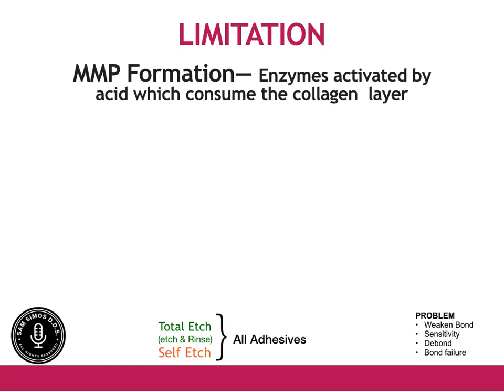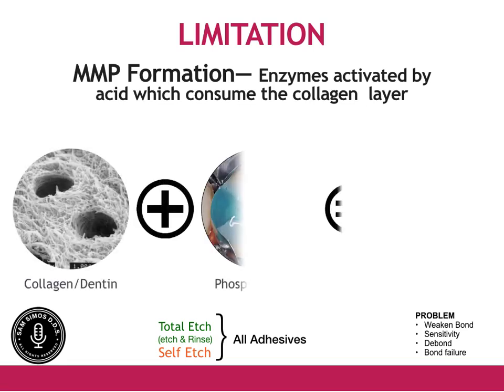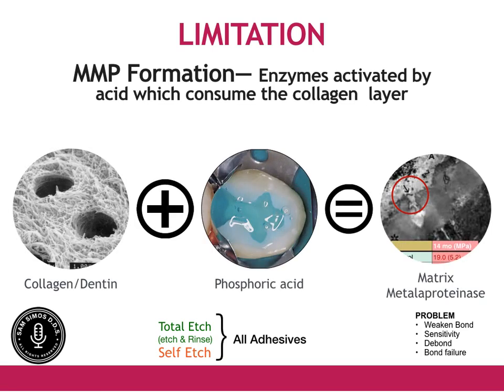The problem is that these MMPs can weaken the bond. You can get sensitivity. You can have debonding or bonding failure. And this happens in all adhesives because we use etch or acid with all of these adhesives. Because of the introduction of the acid, you get these MMP formations within the collagen.